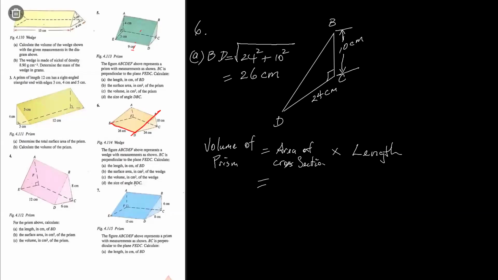So what's the cross section area again? It's half the base of the triangle by the height, which is 120. Multiply by the length, which is 26. Everybody okay with that? So that's 120 multiplied by 26.